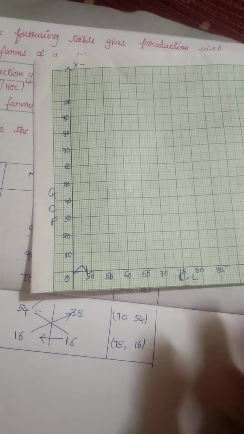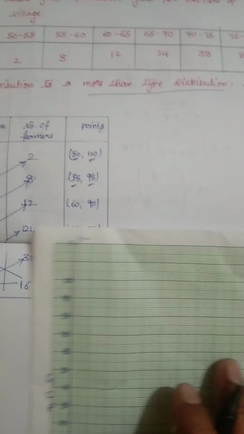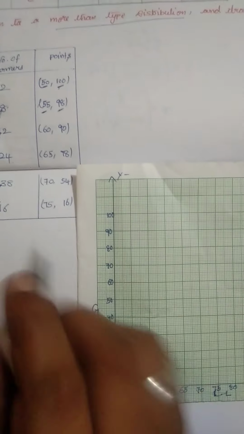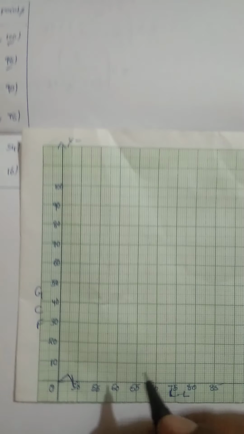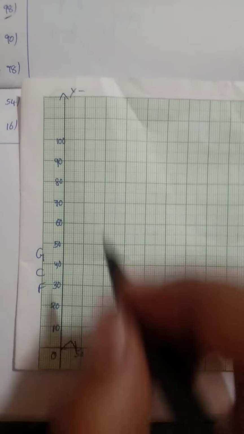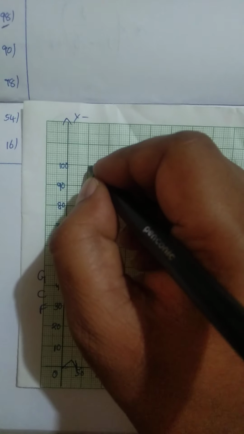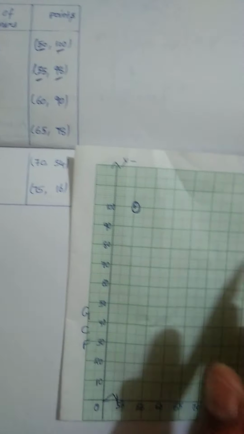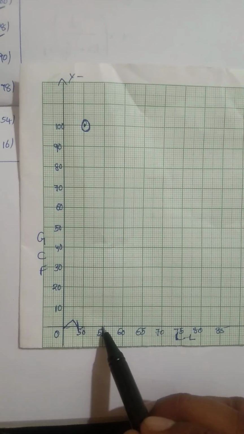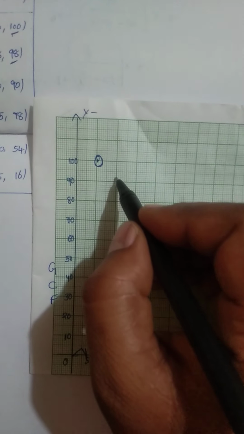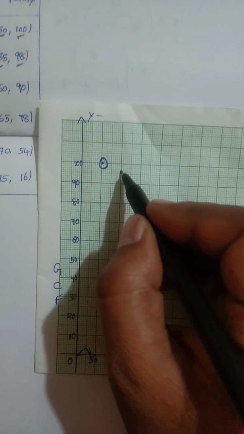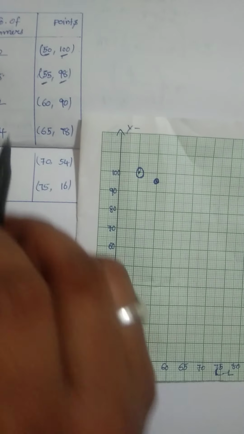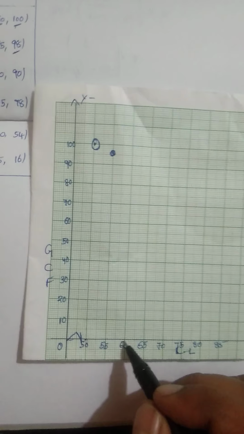Okay, so let us see the points here. The first one is 50, 100. 50 is here, 100 is here. This is our point 50, 100. The next one is 55, 98, somewhere here. Next 60, 90.